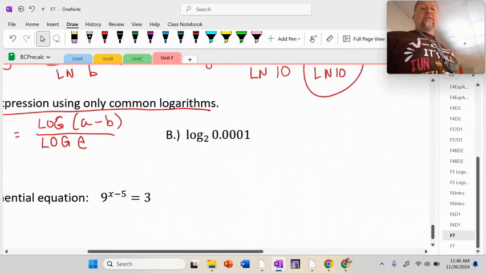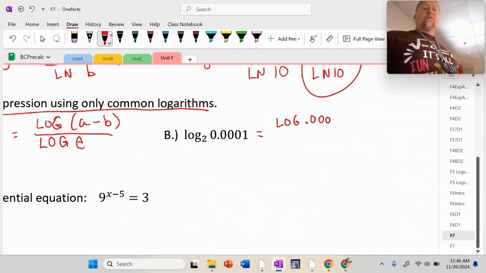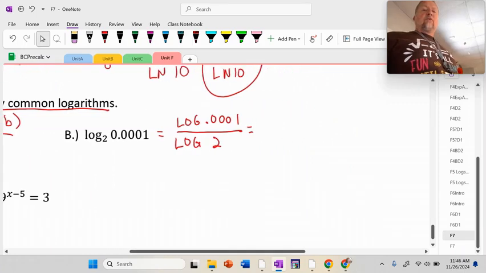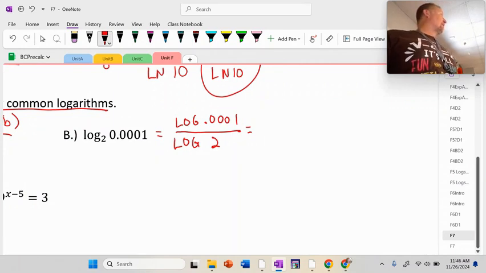And then common logs, yep, they went ahead and did it. Log of 0.0001 over log 2. What's the log of that numerator? What does that become? 3, 2, 1, go. Negative 3, negative 4, which one is it?